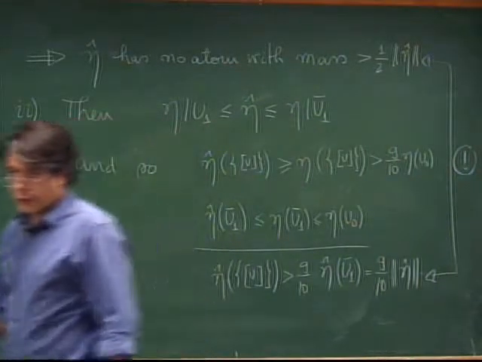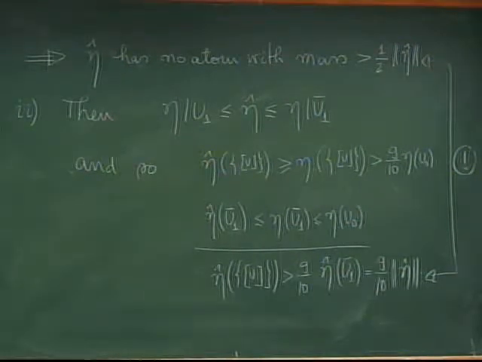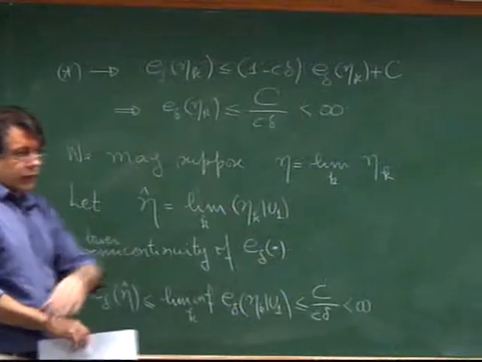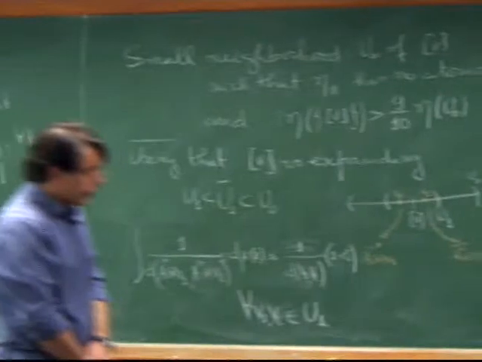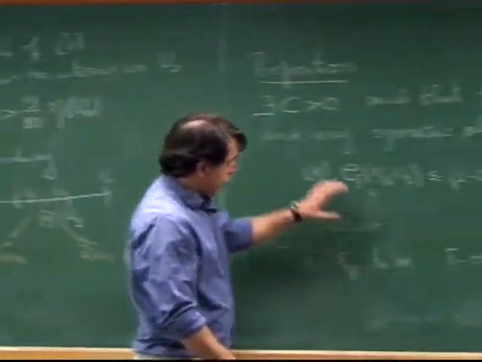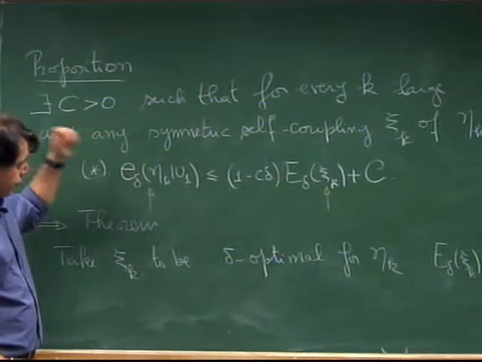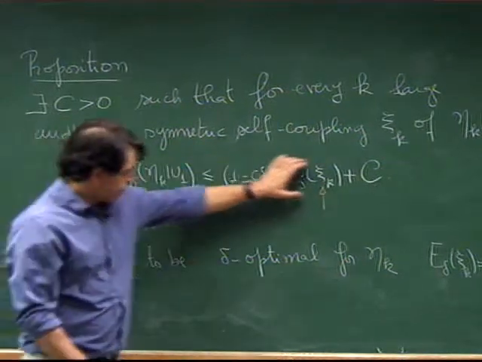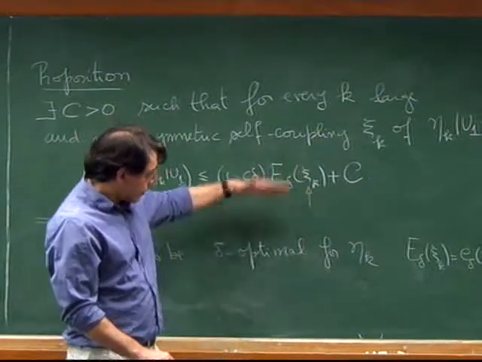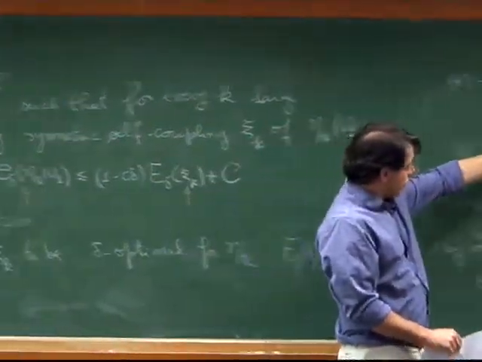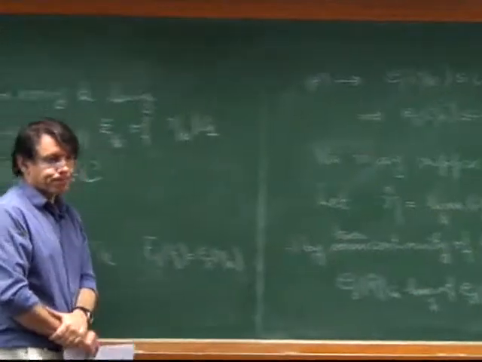These two are in contradiction. Of course, it's easier to see what is going on if you just pretend that eta hat is the restriction of eta to U1, and then the last part is essentially immediate. Okay. So the miracle is that the expanding behavior of V gives us this, and that's what I have to explain next, gives us this inequality, and this inequality implies that the energies of all these measures are uniformly bounded.